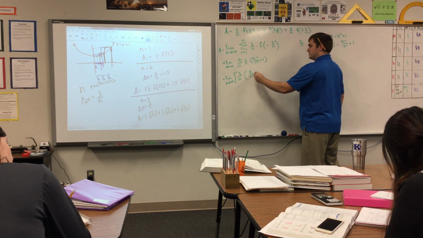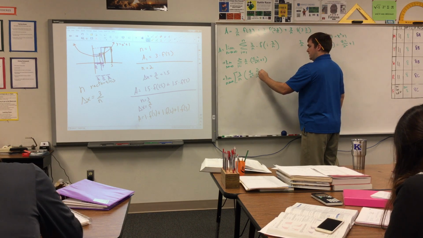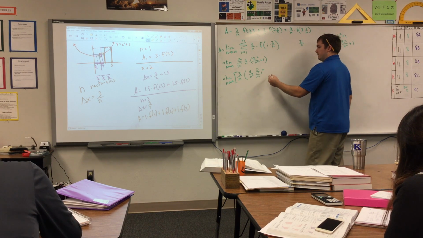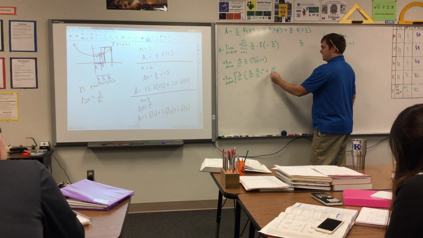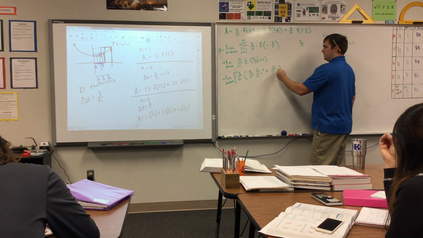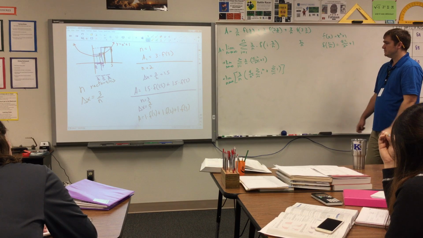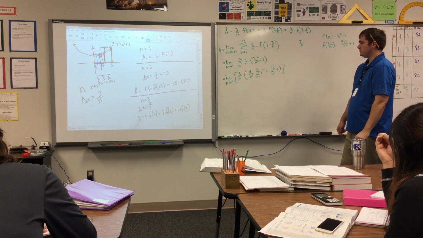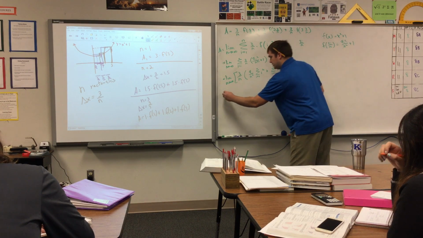So 9 over n squared times the summation from i equals 1 to n of i squared plus the summation from i equals 1 to n of 1. Then we'll apply our summation formulas that we learned.